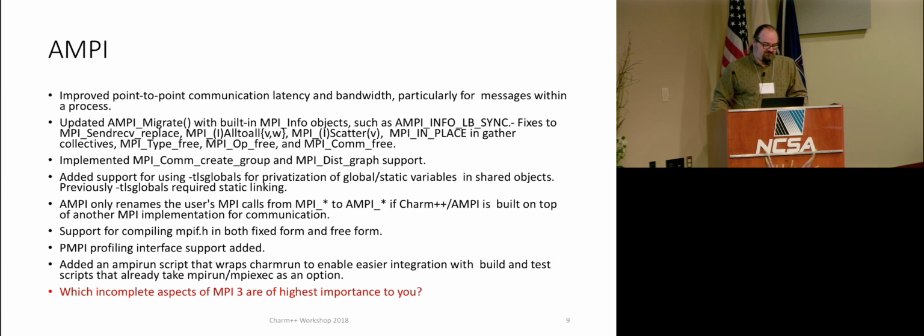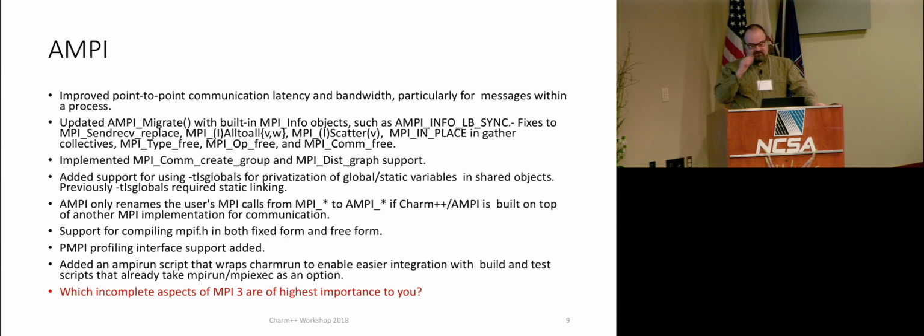AMPI, a bunch of point features are included in the new release. We're improving its performance. We've updated how AMPI migrate works to provide clearer flexibility in what it's supposed to do, how well it works with the load balancer, and we've improved performance and support for a variety of MPI calls.